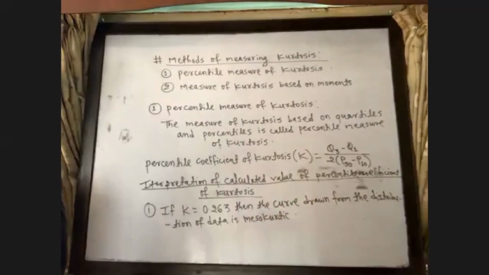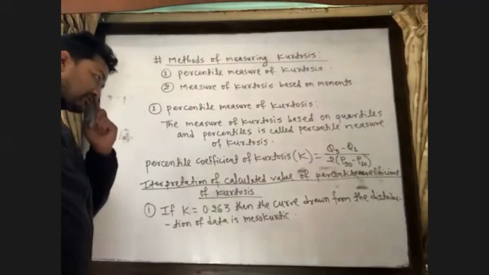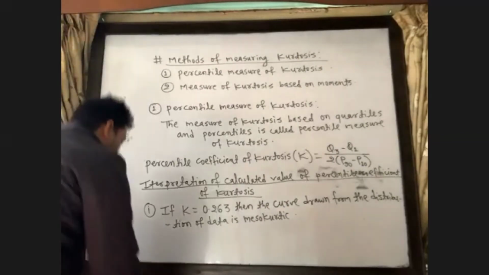Okay, if k equals 0.263, then the curve drawn from the distribution of data is mesokurtic.